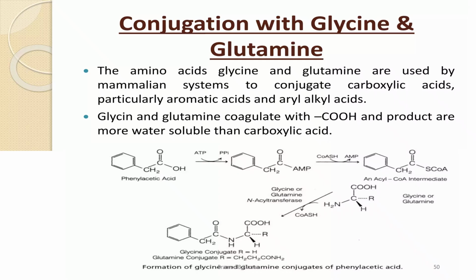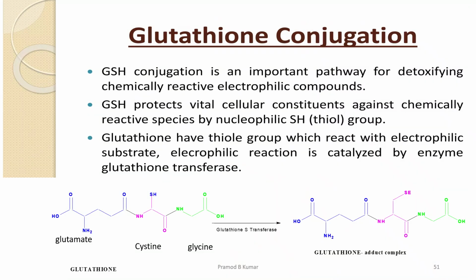So the acyl group gets transferred to the amino acid to form a conjugate which can be excreted. When R is H, it is glycine. When R is propionamide, it is glutamine. In this reaction, coenzyme A is released.